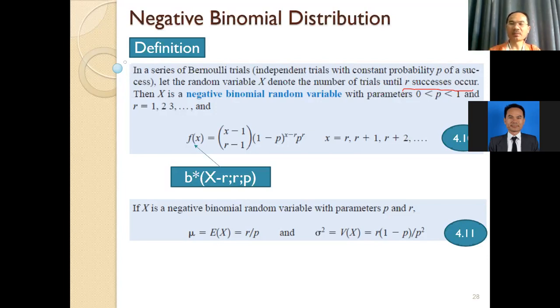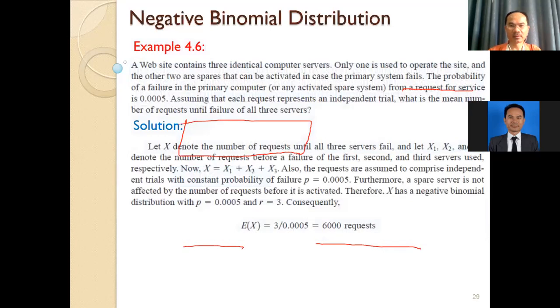P is the probability of success. You can use the negative binomial distribution in Excel. You can calculate the mean and the variance by this definition, based on the number of successes and the probability of success.